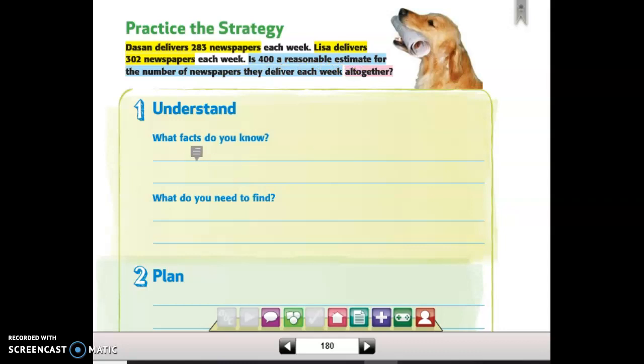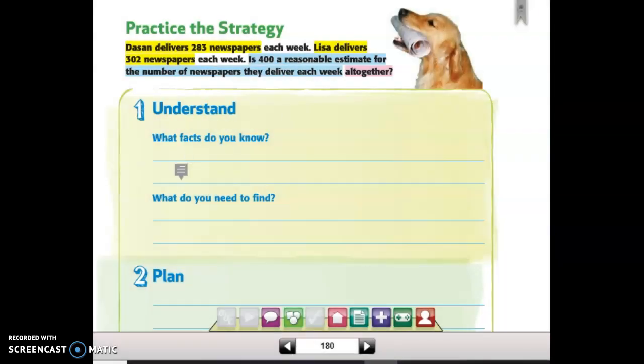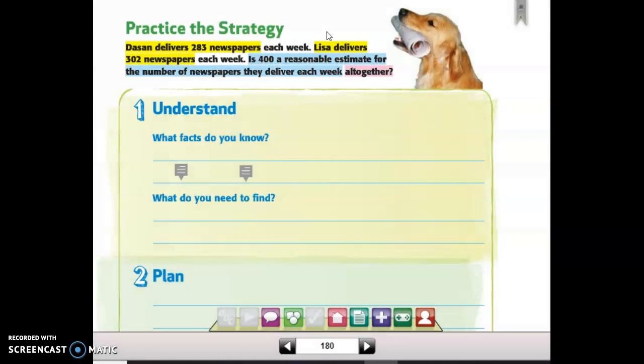Okay, so what do I know? What facts do I know? One thing I know is Dasan delivers 283 newspapers each week. Another thing I know is Lisa delivers 302 newspapers each week. And that's just taking from the problem what we highlighted and writing it out since they've given us the room to do that. What do I need to find?